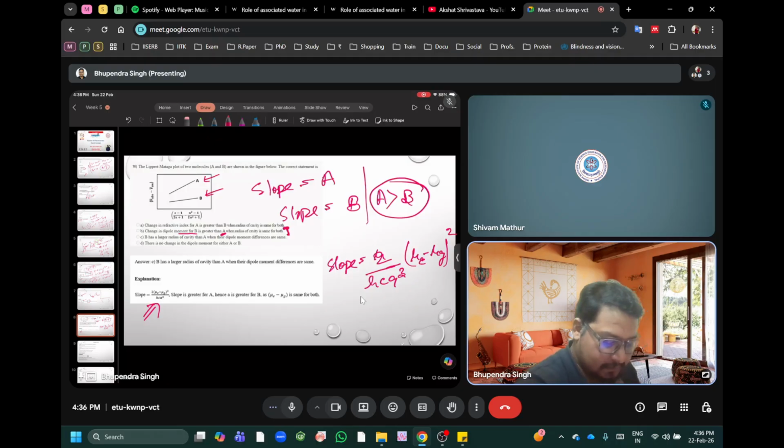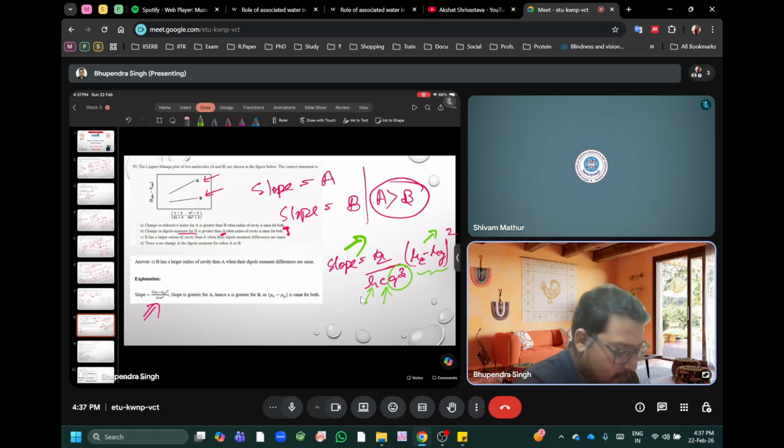So basically, it is not like that, because this portion is the change in the dipole moment. If this portion is greater, then the slope will be higher for B. Because h is constant, c is constant, and you are fixing the radius of cavity, then the slope of B will be higher.